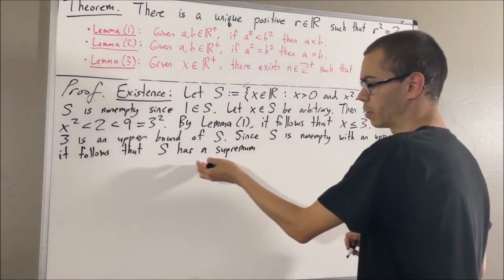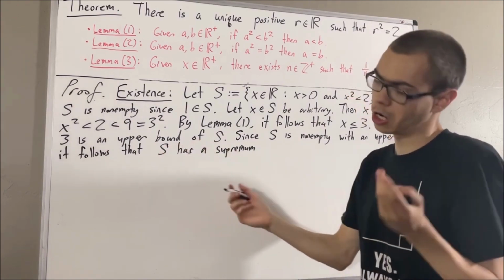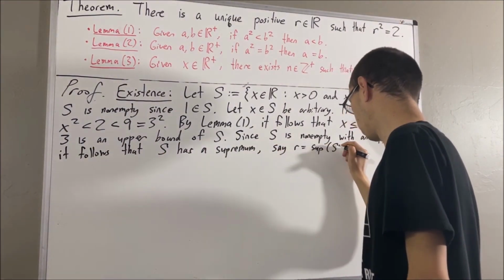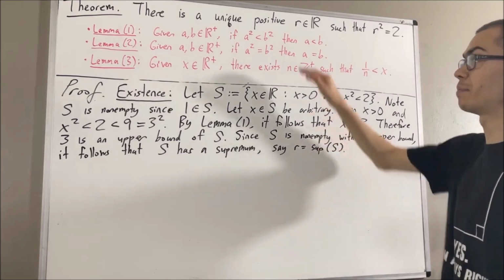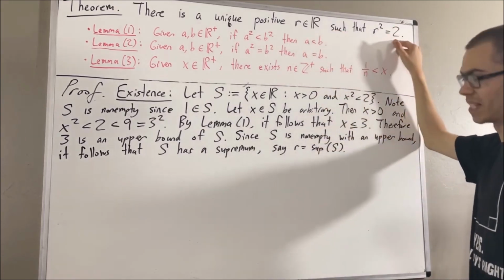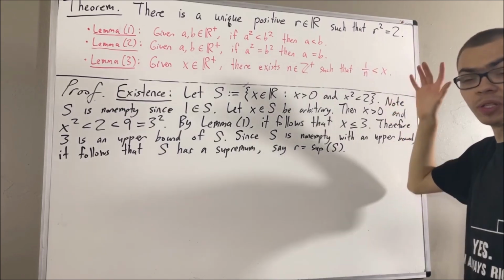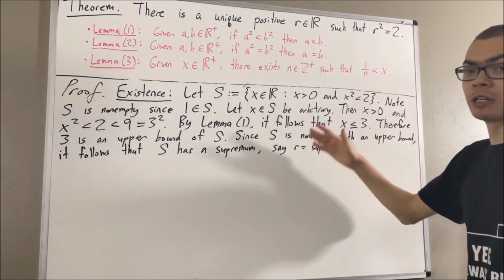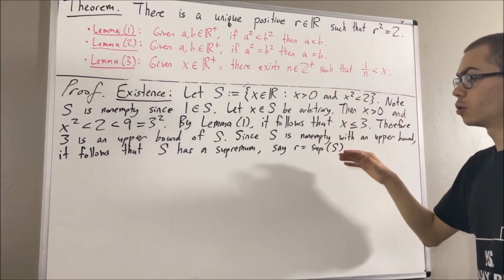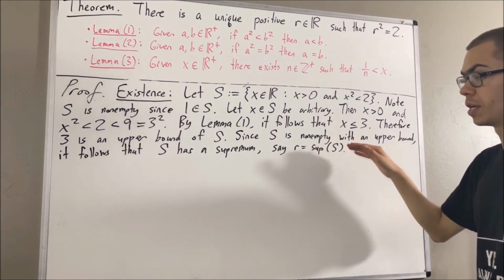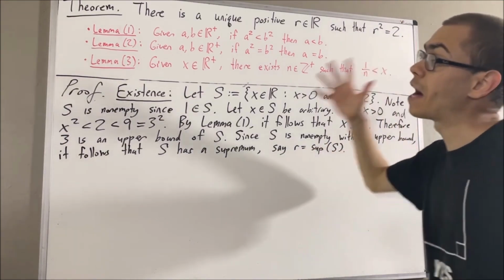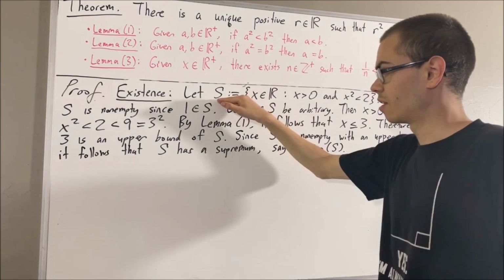And I'll call the supremum of S R. And our claim is that R is a positive real number that satisfies this condition. And to see how, it turns out it's going to be useful to know that R is greater than 1. The reason why R is greater than 1 is because we know that 5/4 is an element of S, right?